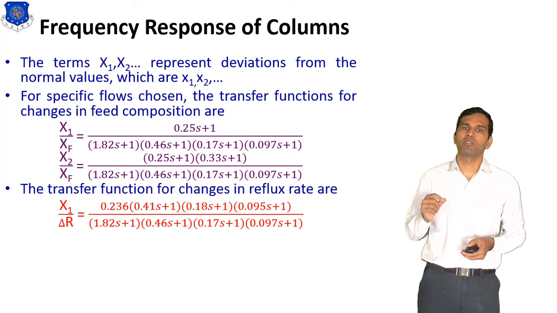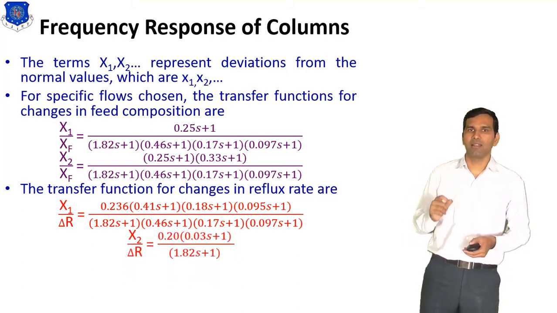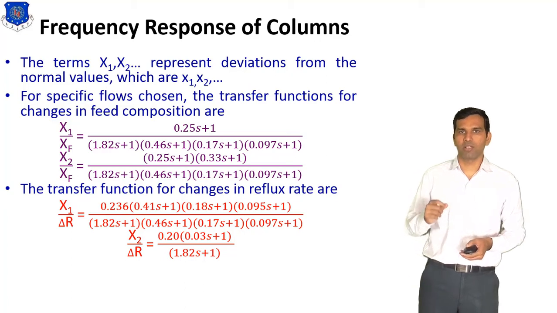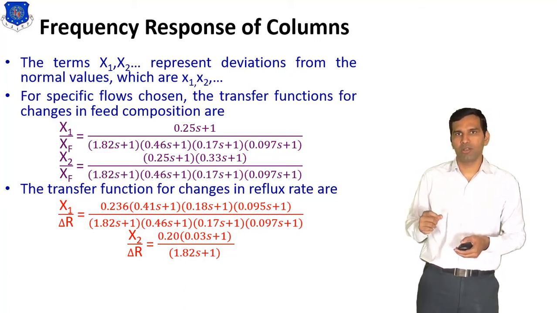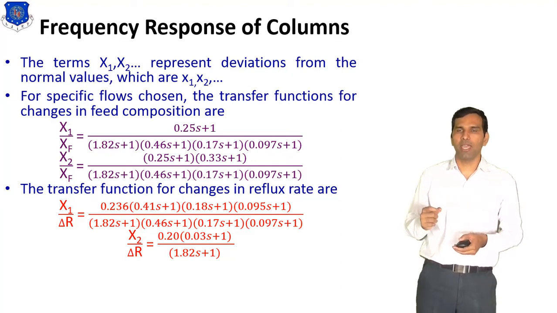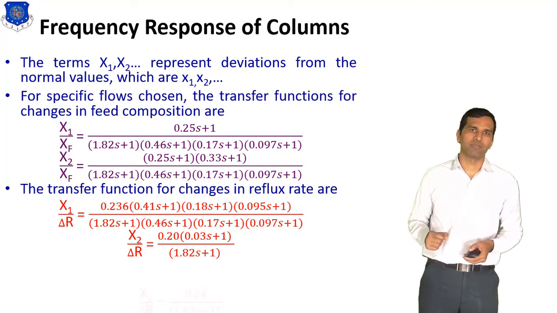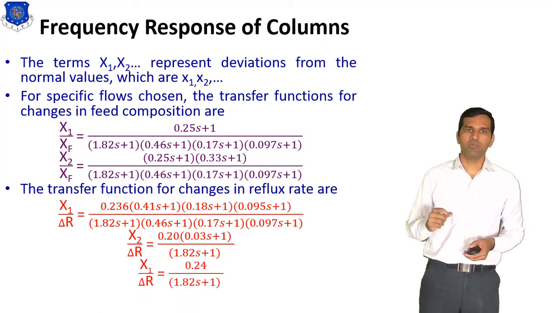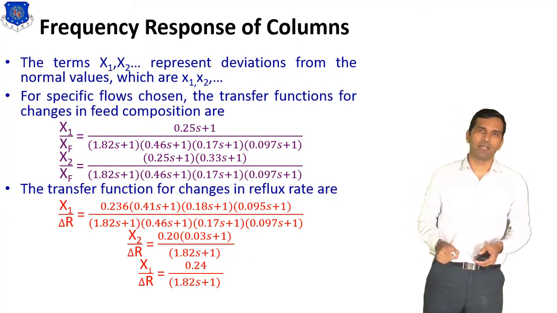Same as for the x2 by delta R, the transfer function for the change in reflux rate is given as 0.20 upon (0.03s plus 1)(1.82s plus 1). And x1 by delta R we can write as 0.2446 upon (1.82s plus 1).